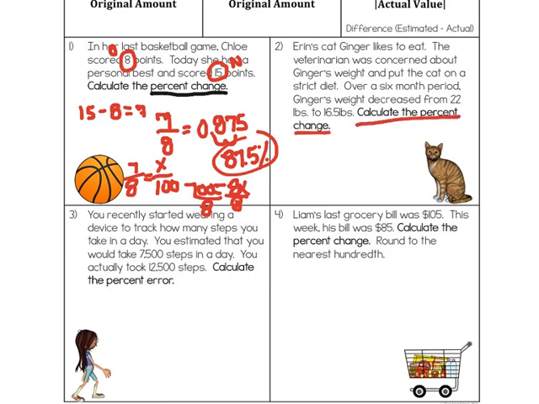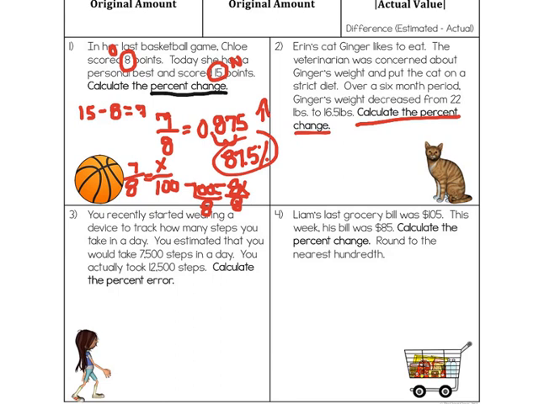Let's go back here. Now, I did not address in question number 1, was this a percent increase or a percent decrease? Okay, so it's actually going to be a percent increase because the new score is bigger than the old score. All right, so let's look back at number 2 again. I apologize for that. It says calculate the percent of change.